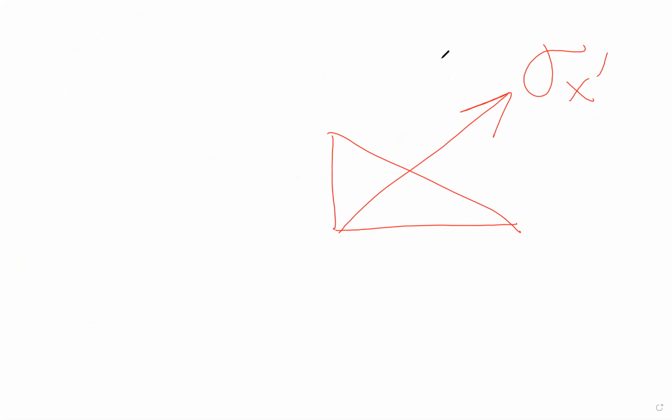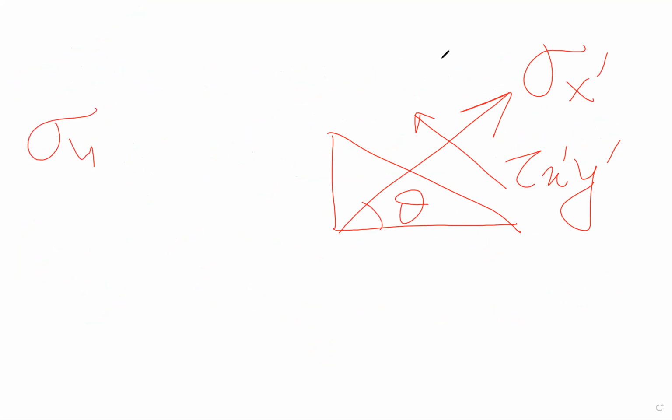We are calculating sigma x dash, and again the shear stress tau x dash y dash, but how can we calculate sigma y dash? This is angle theta. So the question arises here: where will sigma y dash be? How can you tell me where sigma y dash is?